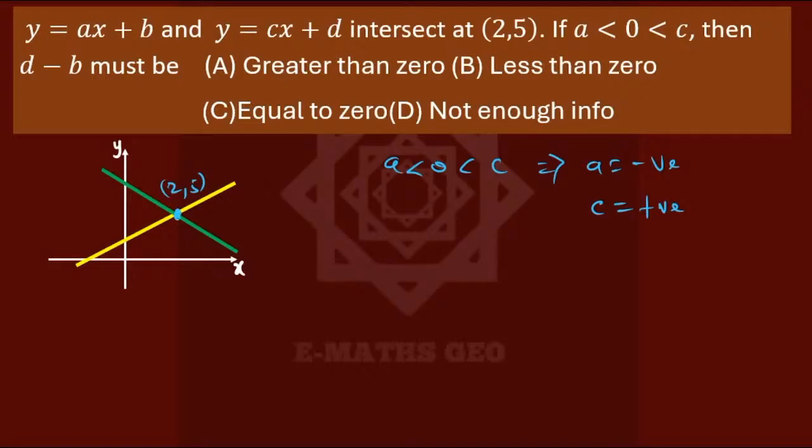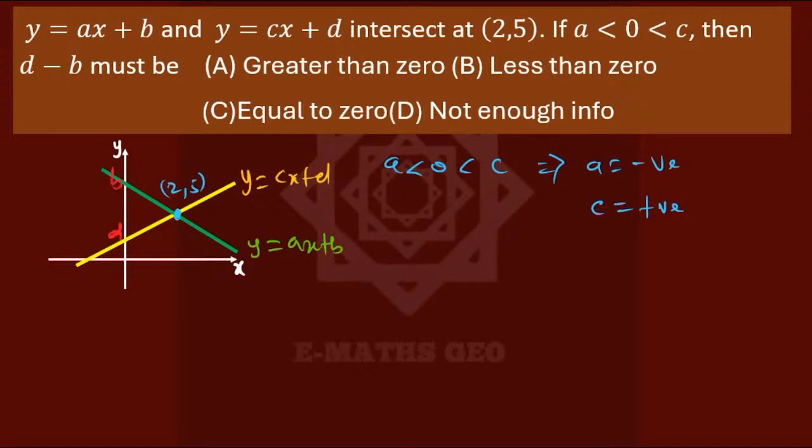So this is y equals ax plus d, while this is y equals cx plus b, and we know that d and b are the intercepts. For this one, the intercept here is d, while for the other one the intercept is b.